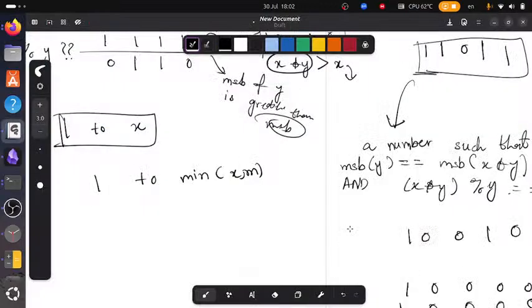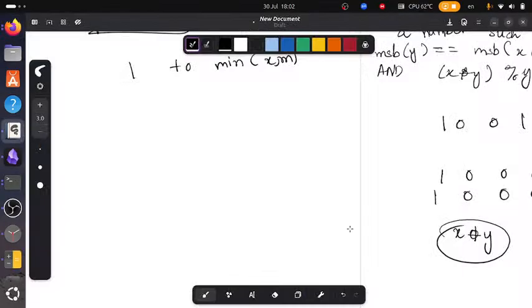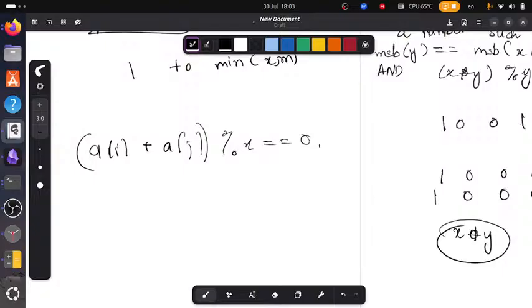I remember this was a modular problem. So something like this. This was ai plus aj modulo x is equal to 0, and then this was supposed to be ai modulo x plus a of j modulo x is equal to x, right?